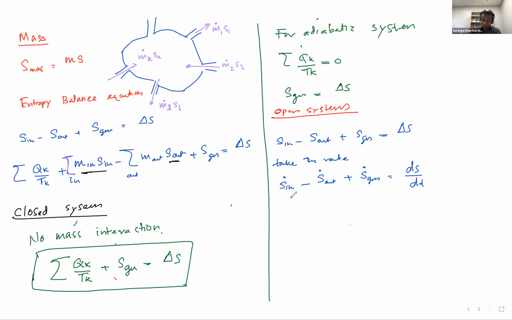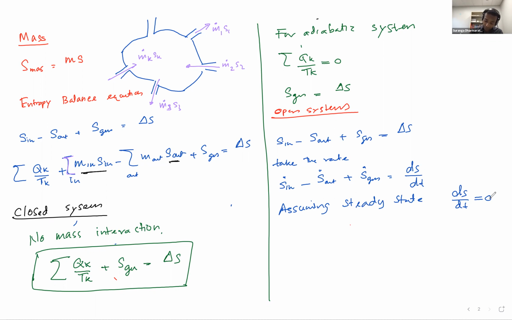Now, assuming steady state, the steady state condition is dS over dt equal to 0.